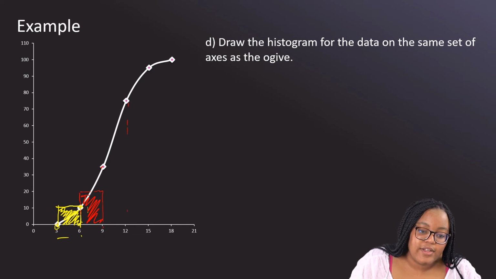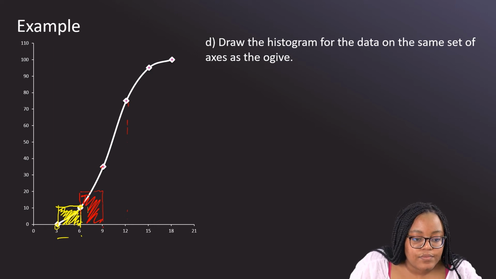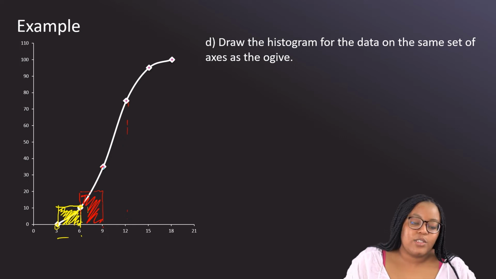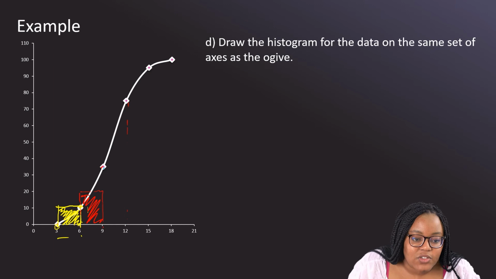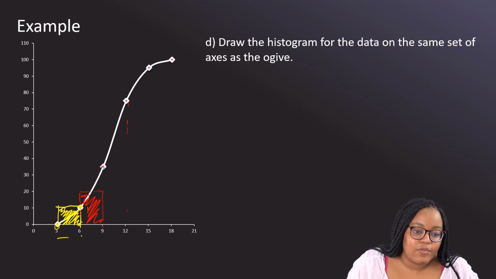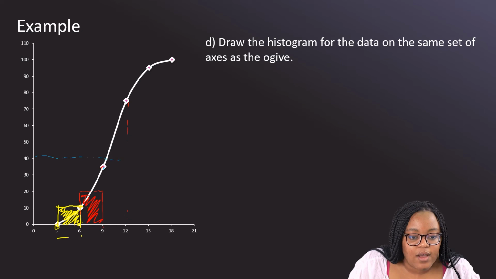In this third interval, between 9 and 12, we have gone from 30 runners to 70 runners, which means that we have changed by 40. Therefore, at 40 is where we will draw our bar.